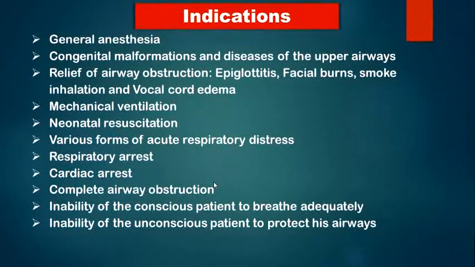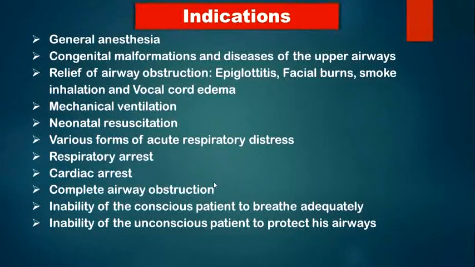Unconscious patient, and especially if the Glasgow Coma Scale is below 8, there is no guarantee the patient can protect his airways. There may be obstruction because of secretions, for example. So in those patients, the decision is to intubate them.